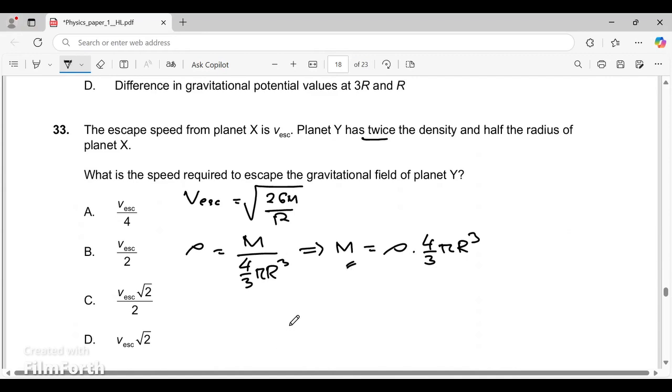The density of planet Y is twice that of planet X, according to this information.